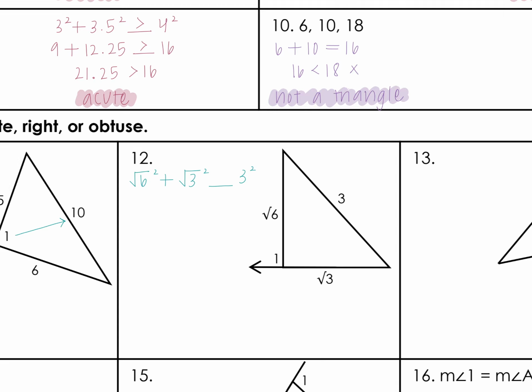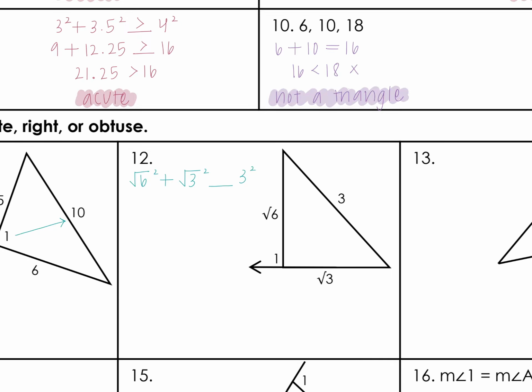To clarify, I know that the 3 is the largest side because that root 6 is going to be between my square root of 4 and my square root of 9, which means it's between 2 and 3 somewhere. And so we know that that 3 is going to be larger.